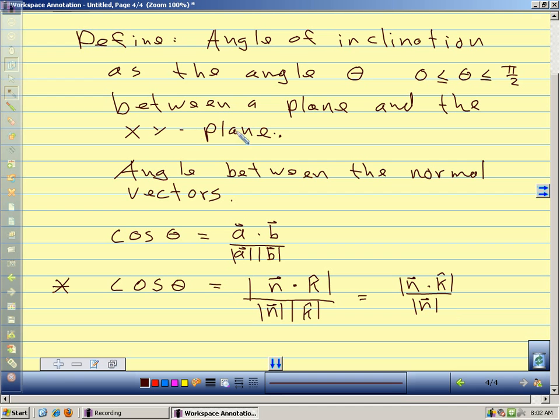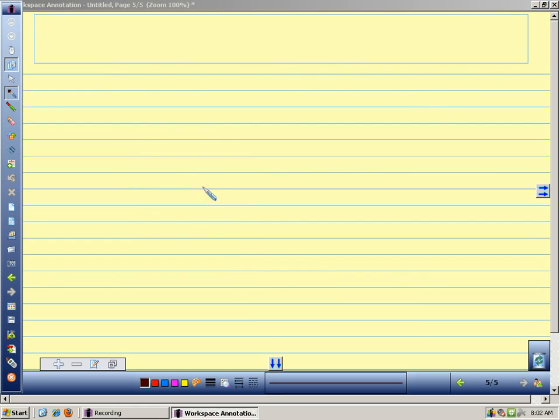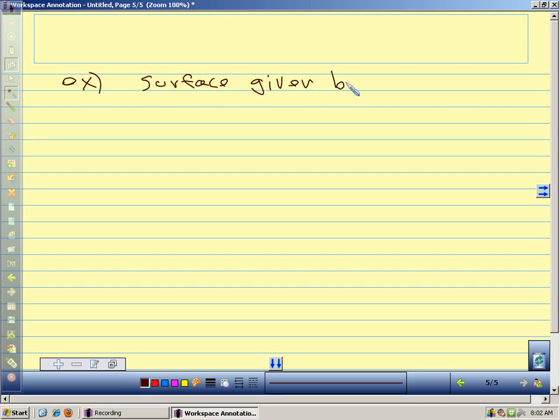All right, let's do a couple of examples using our angle of inclination, and then we'll be done for today. So we have a surface given by 2xy minus z cubed. This is our surface.